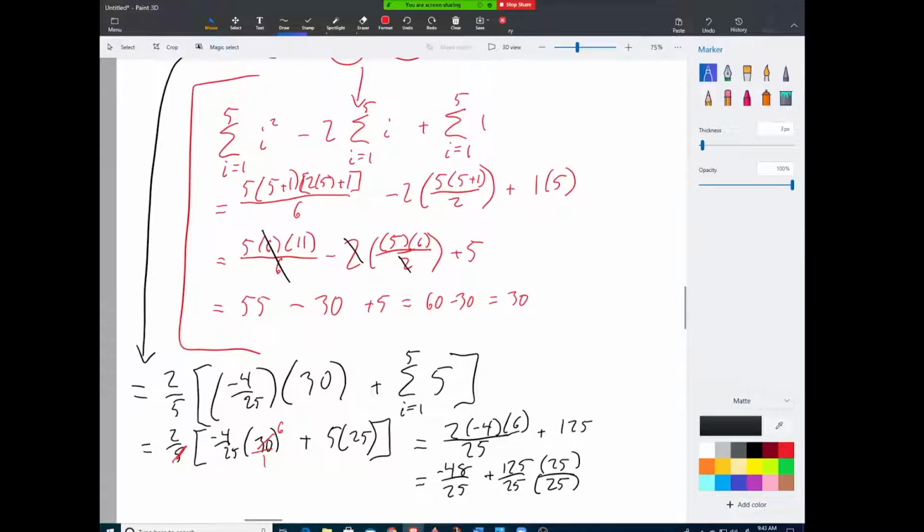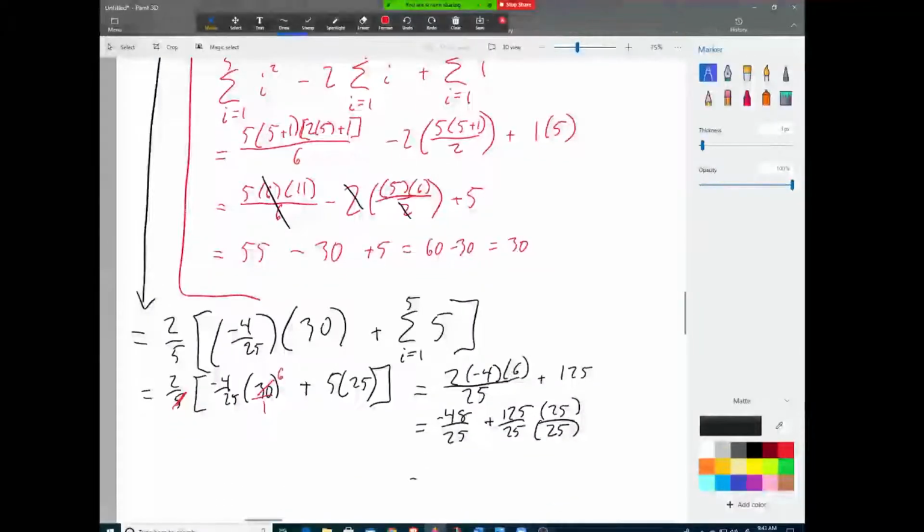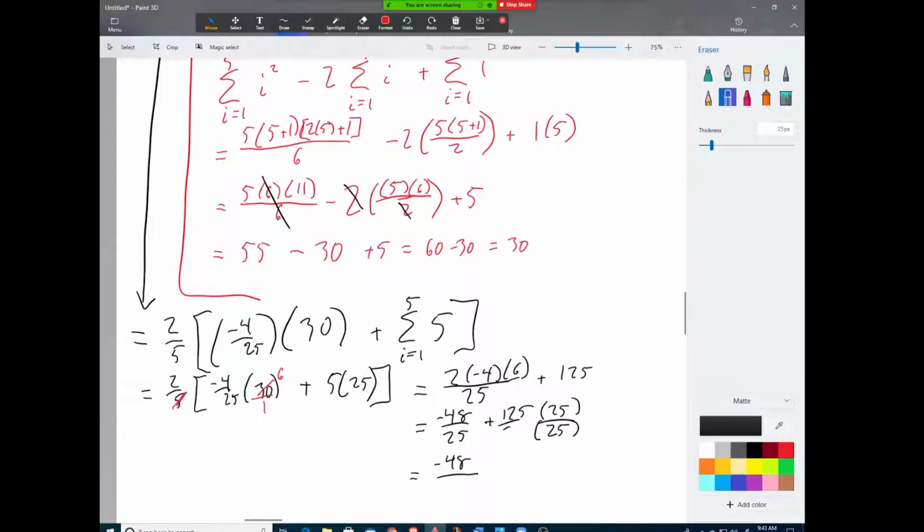And if you're new to me, one thing you will learn is I am good with algebra, I'm good with calculus, and lousy with arithmetic. Oh, hold on. This one did not have a 25 underneath it to begin with.